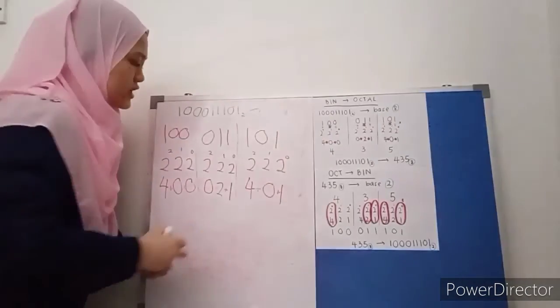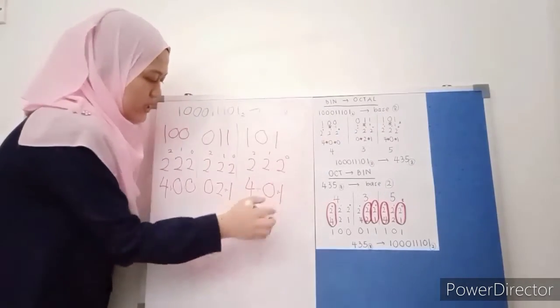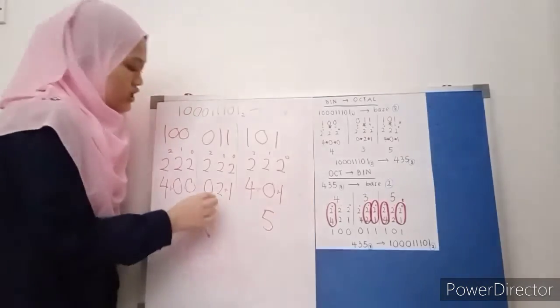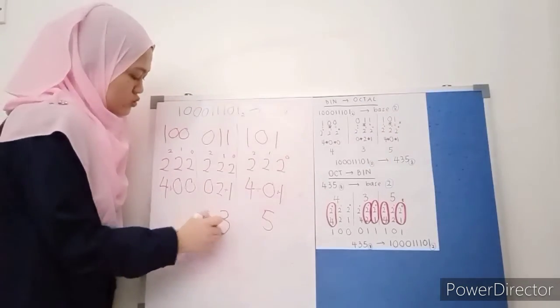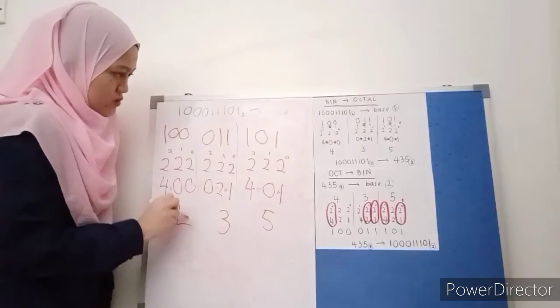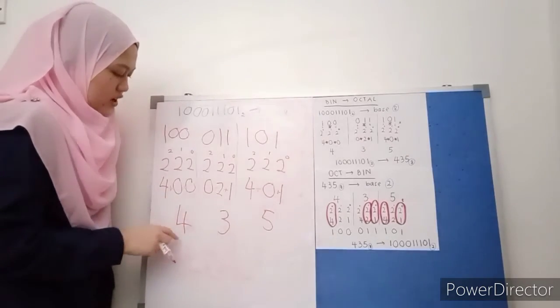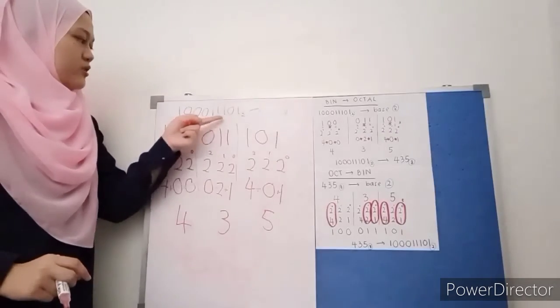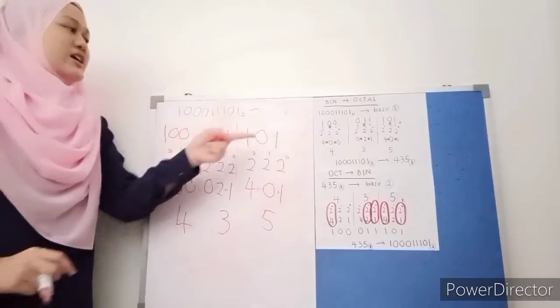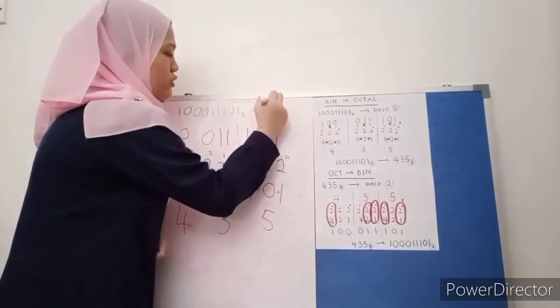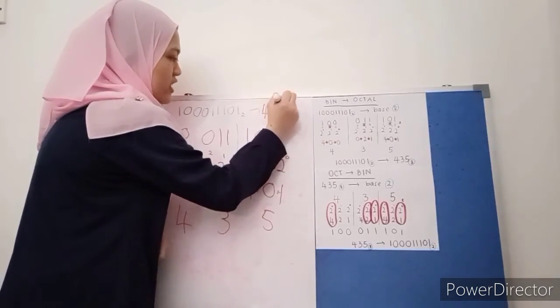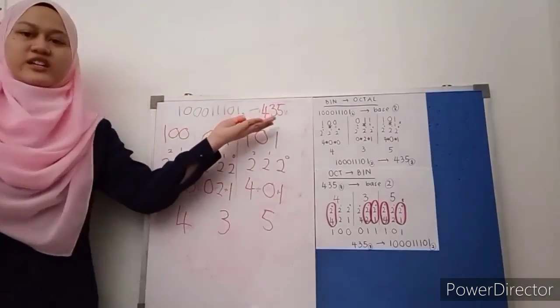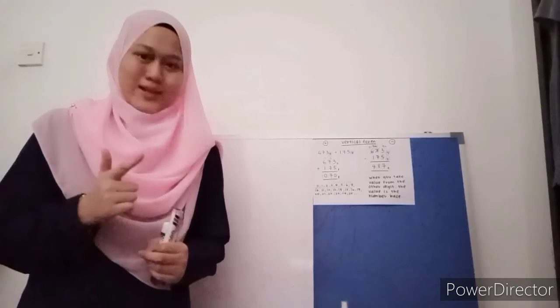You will get 4 plus 1 is equal to 5, 2 plus 1 is equal to 3, and 4 is equal to 4. From here, 435. So 100011101 base 2 is equal to 435 base 8.